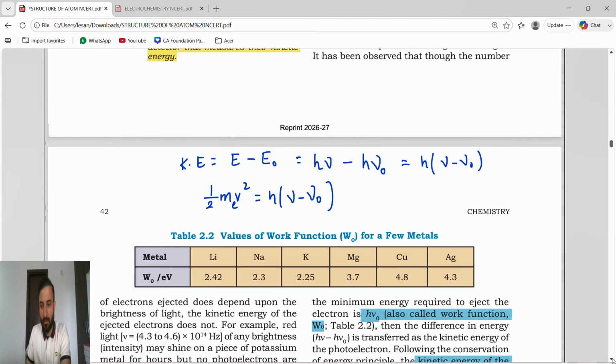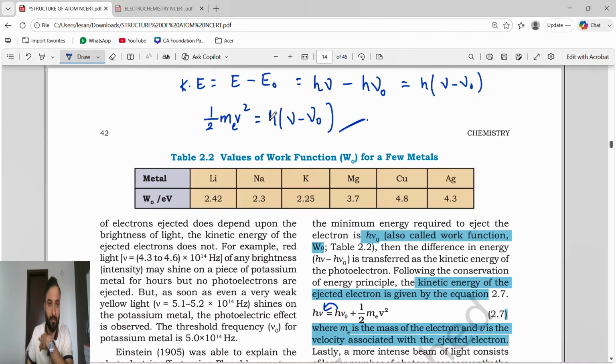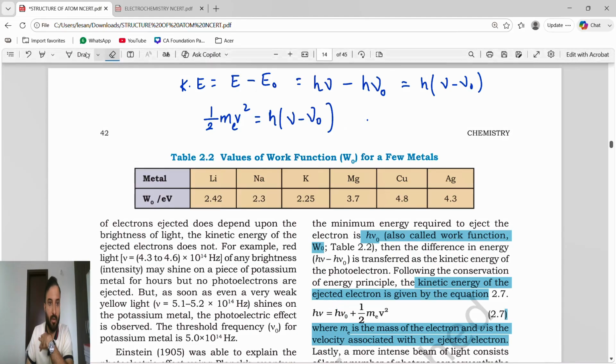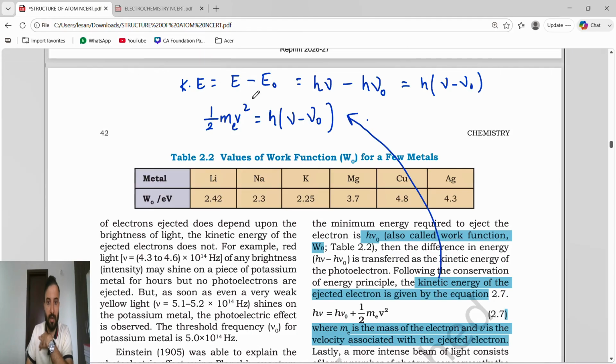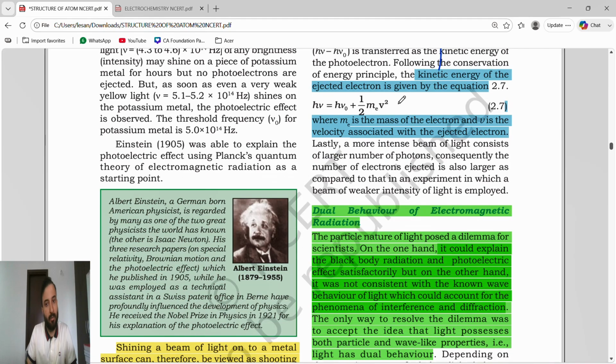The same thing. So in the examination, if they ask the kinetic energy of the ejected electron is given by which equation, please write from here till here. This is the correct answer, then you will get the full marks. You have to write exactly as it is. Don't remember this, better remember that only.